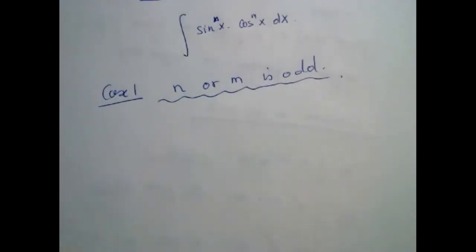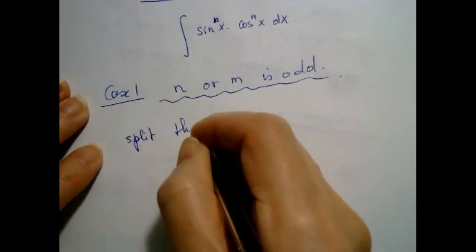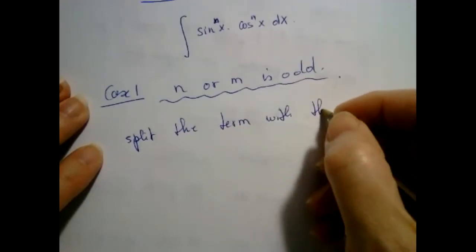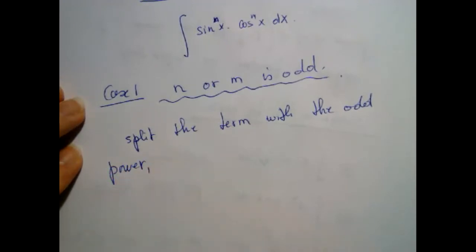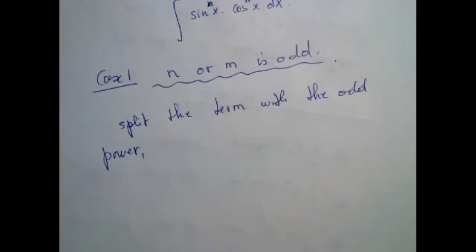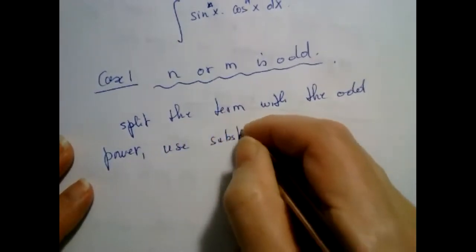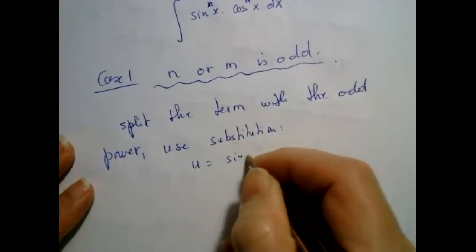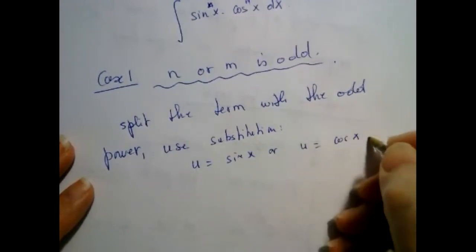The idea is to split the term with the odd power, and through the problems we will of course review how to split them, and use substitution, u equal sine or u equal cosine depending on the problem, and the problem will tell you what to pick.